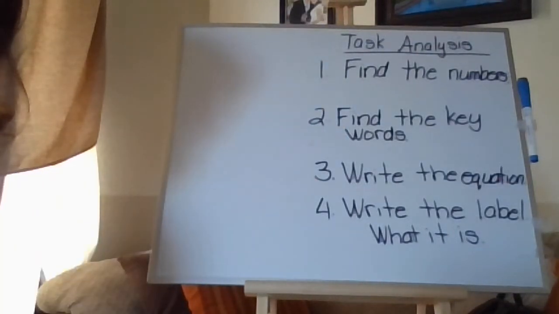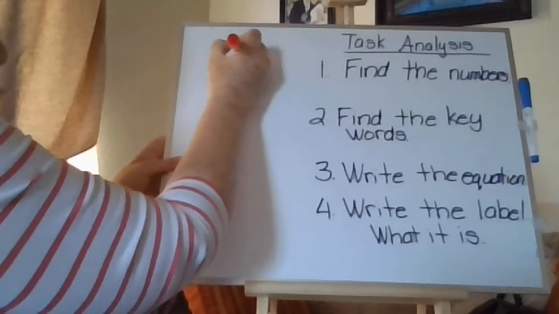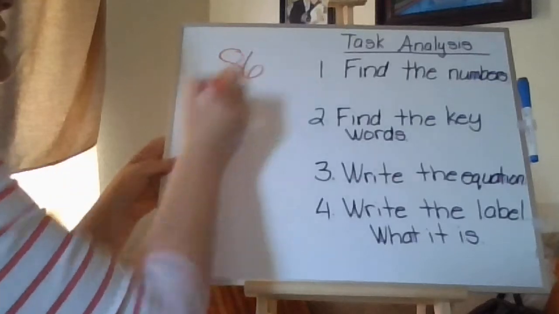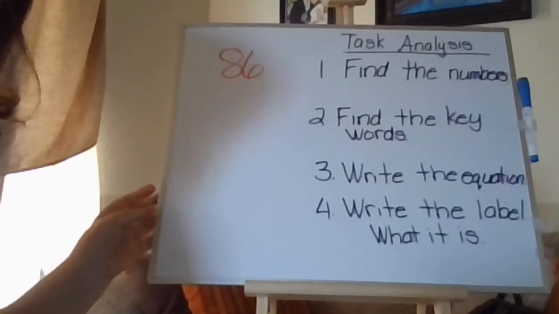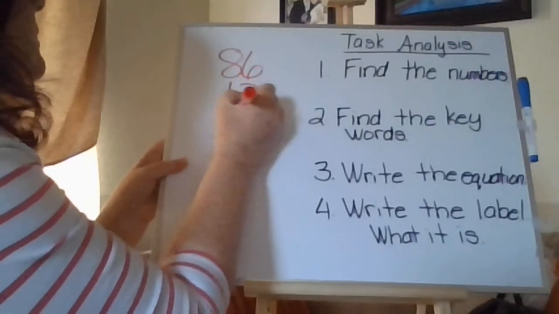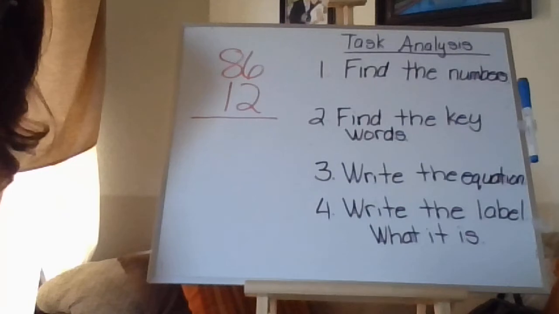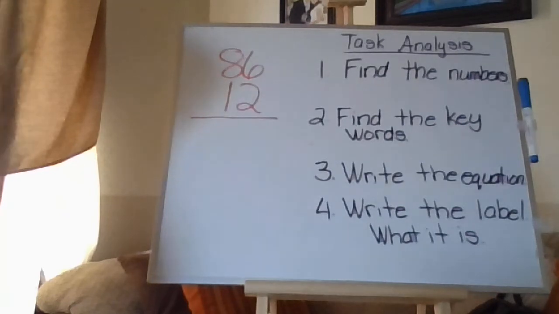Did you write them down as I gave you the problem? Jaden has how many cars? 86. Correct. He gave 12 to his friend. How many cars does Jaden have left? Add or subtract? What's the key words?